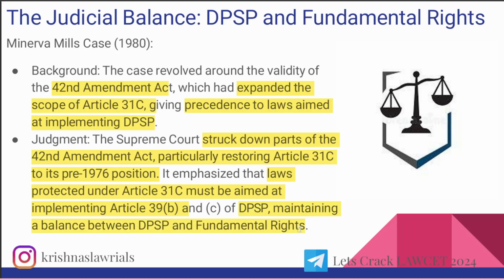So they are saying that the laws under Article 31C, which were coming into effect to make laws to implement DPSP, were struck down, and said that Article 39B and C is enough to maintain the balance between DPSP and fundamental rights.